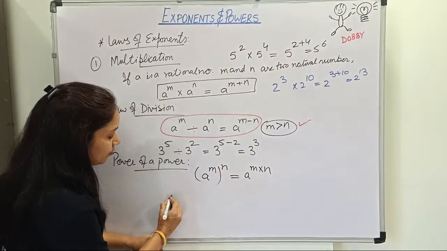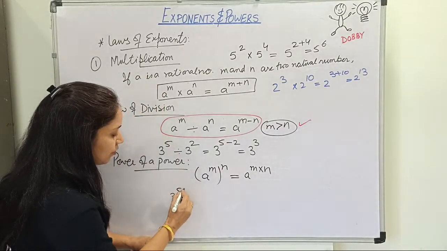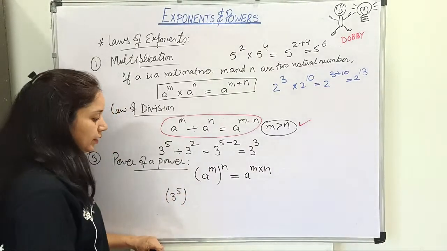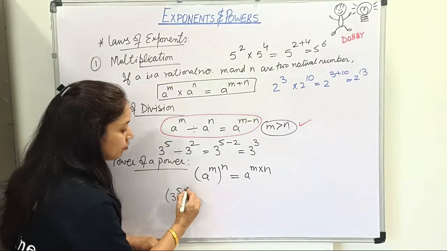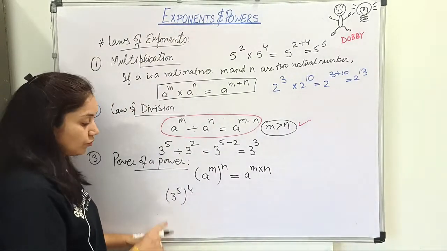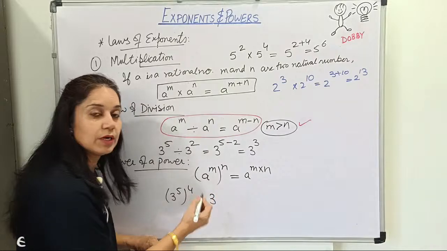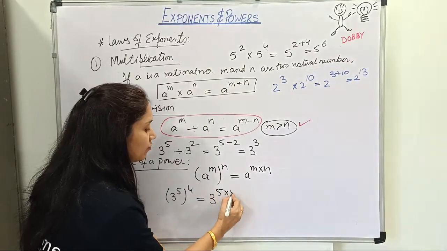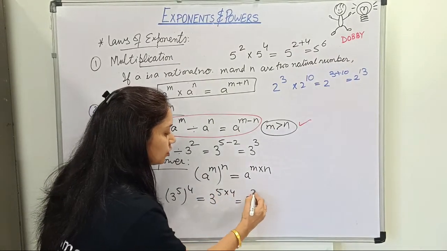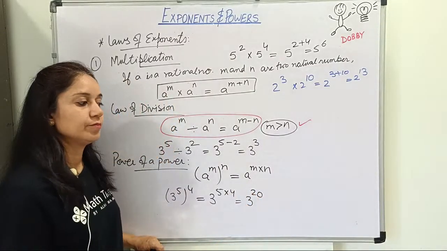Suppose you are having 3 raised to the power 5, and one more power is there, 4. So one base with two powers. In this case we multiply. 5 multiplied by 4 gives us 3 raised to the power 20.